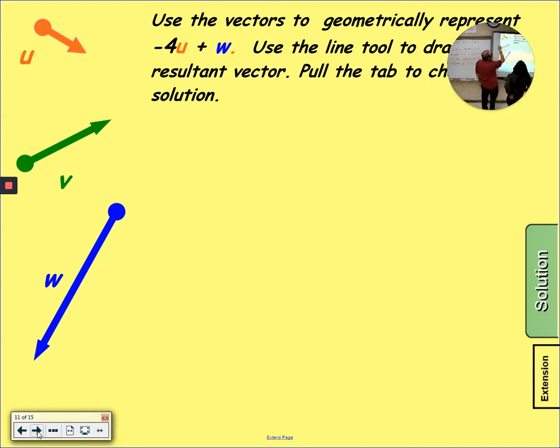How about you tell me real quick in concept how you would represent negative 4u? Well, keep in mind, when we're talking about motion and forces and things like that, negative simply indicates the opposite direction. So if that's u, check this out.